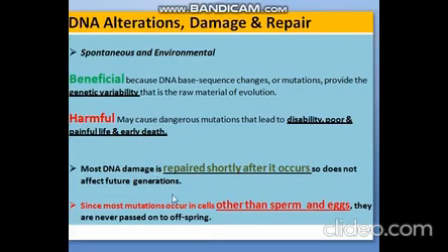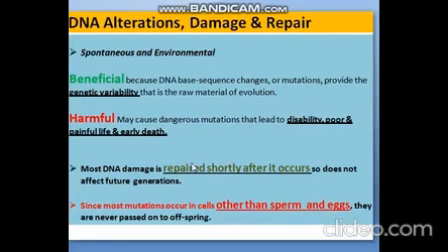And if proofreading cannot correct some of the mistakes, then the repairing capability of the repair mechanisms will come into effect, and we will discuss how those defects are corrected.